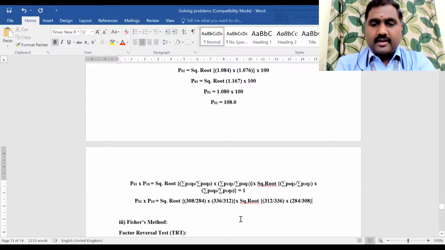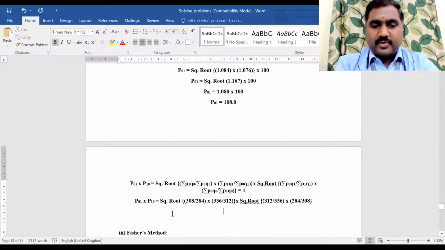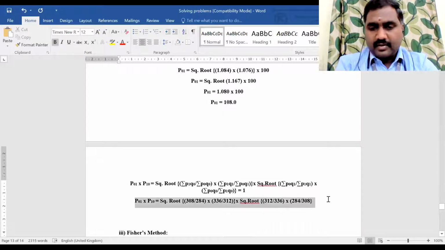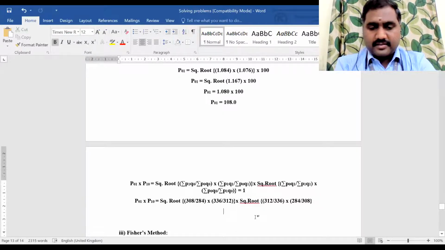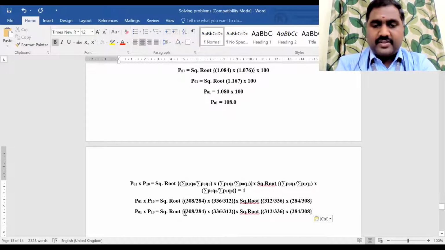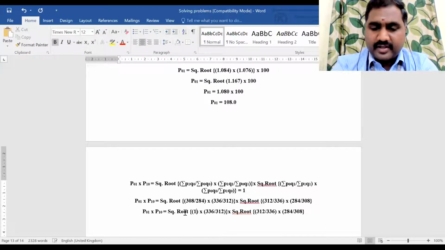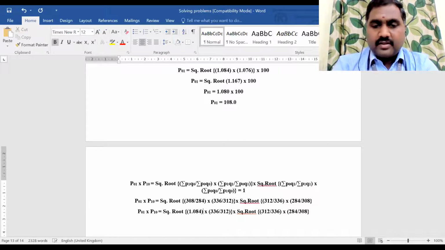Now tell me what is the value of all these things. What is the value of 308 divided by 284? I think 1.084, right? And 336 divided by 312, 1.076.